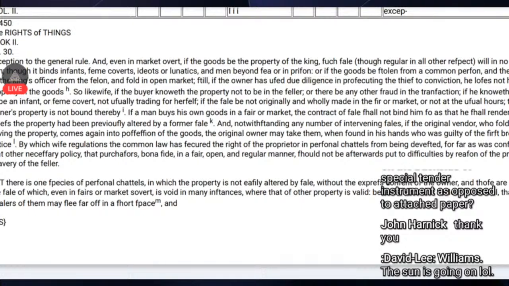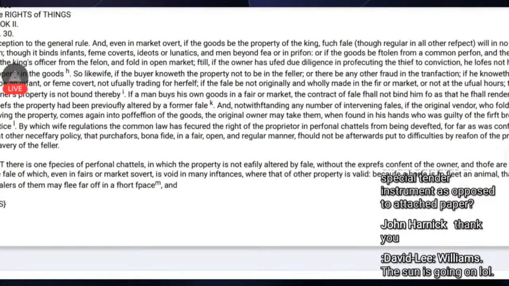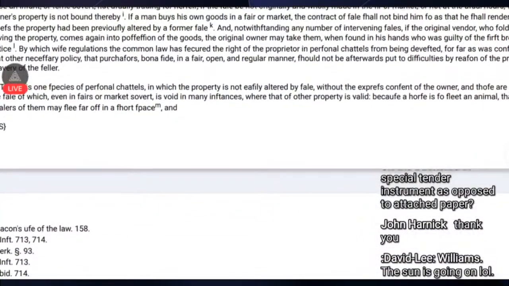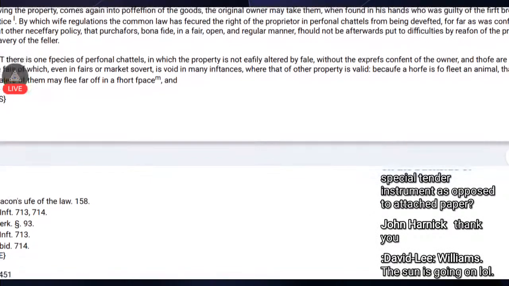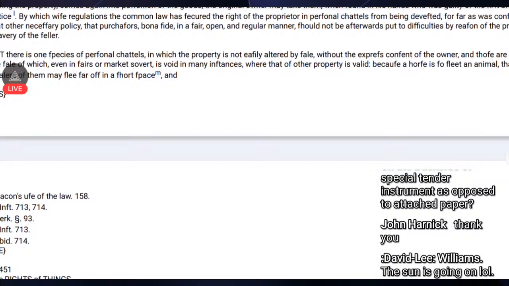By which wise regulations the common law has secured the right of the proprietor in personal chattels from being divested, as far as is consistent with that other necessary policy, that purchasers bona fide in a fair, open, and regular manner should not afterwards be put to difficulties by reason of the previous knavery of the seller.